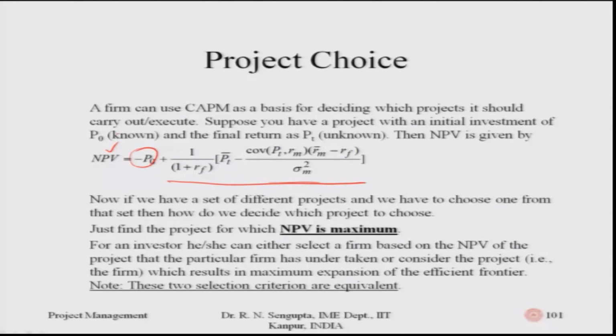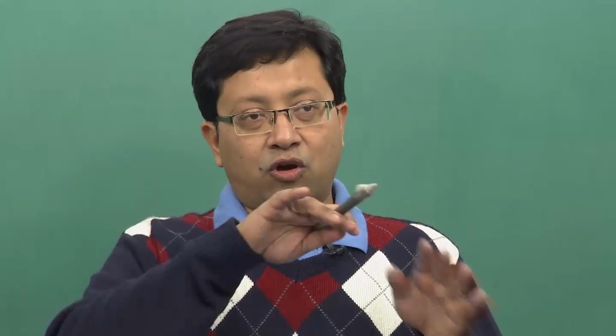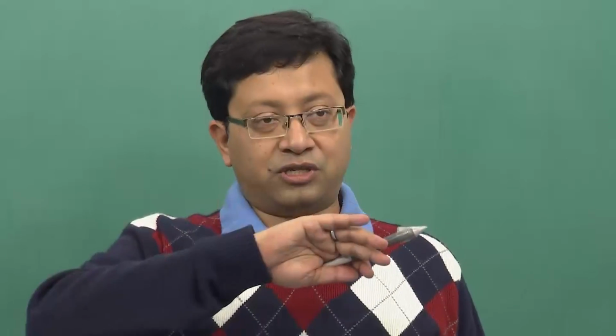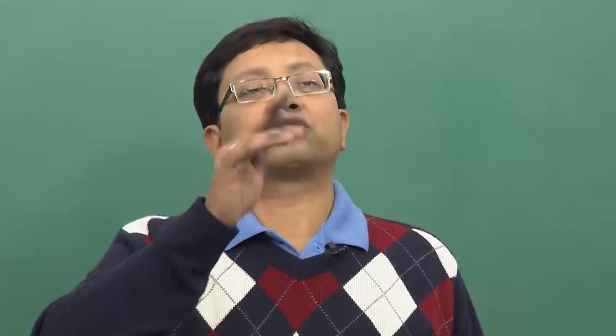For an investment, one can either select a firm based on the net present value, or consider the project which results in maximum expansion of the efficient frontier. The efficient frontier is basically the set of all those projects or investments which give you the best risk-return framework.